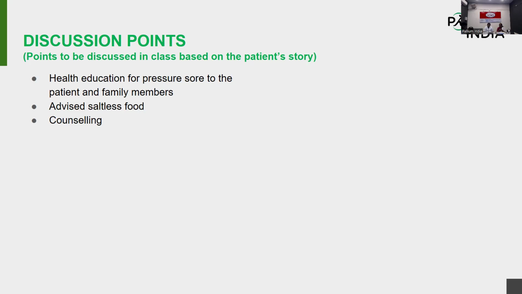What do others feel? Anybody have any other opinion? Madam, the patient was getting only 750 ml water. That means the patient is a kidney disease patient, a renal patient. Yes, here the fluid restriction is also there.